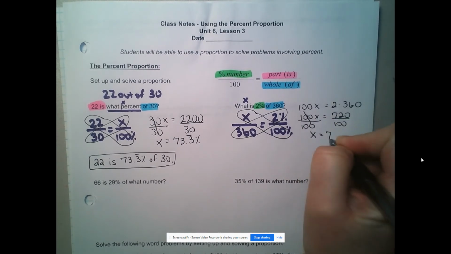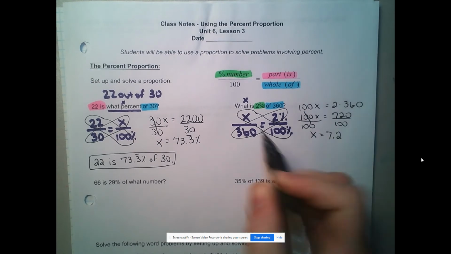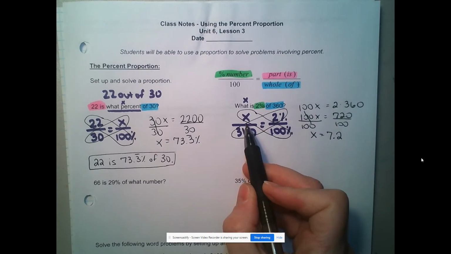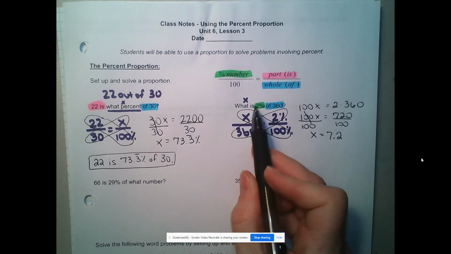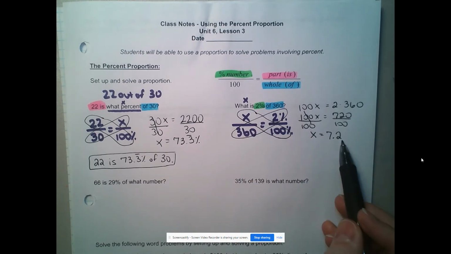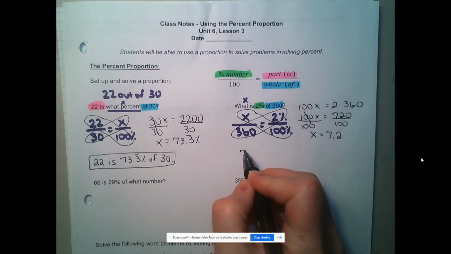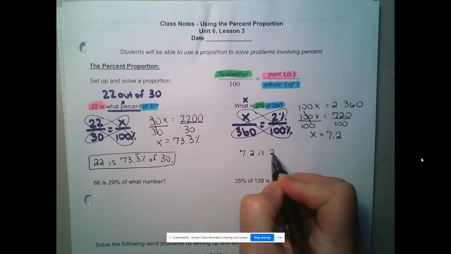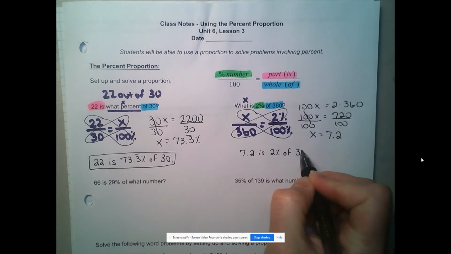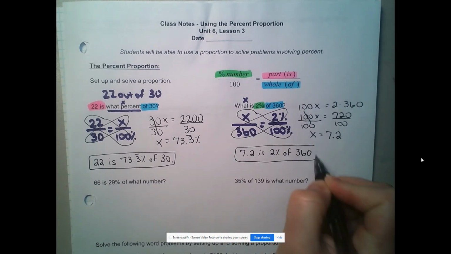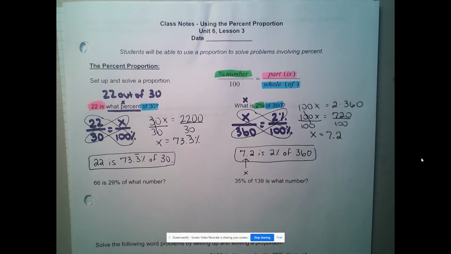X equals 7.2. Now, the thing that was missing was the part number, not the percent. They gave us the percent, so this does not get a percent symbol, and we would say 7.2 is 2% of 360. The missing thing we were looking for, x, the is number, was the 7.2.